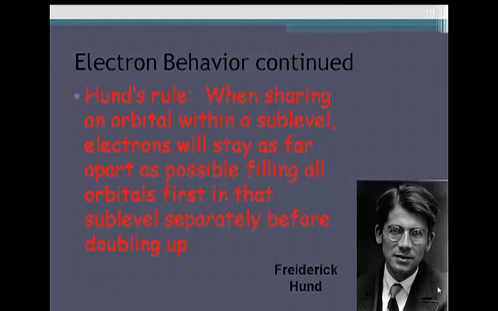When sharing an orbital within a sublevel, electrons will stay as far apart as possible, filling all the orbitals first, spinning in the same direction in that sublevel before doubling up. So, remember, how many can you have in an orbital? You can only have 2 electrons spinning in the opposite direction.